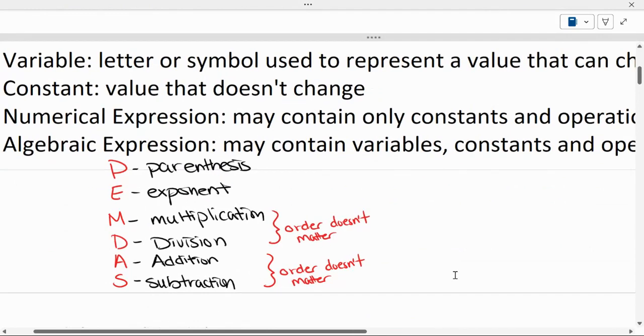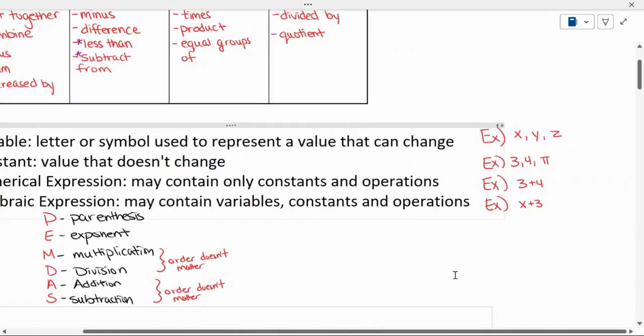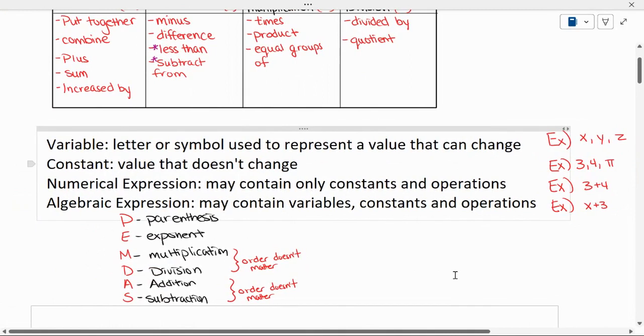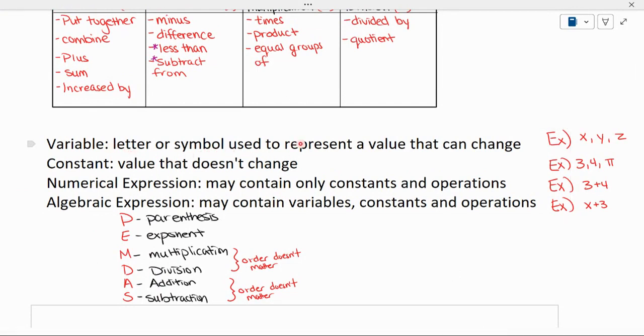I'd also want to introduce some other vocabularies with regards to Algebra 1. So we have a variable, which is a letter or symbol that is used to represent a value that can change. An example would be x, y, and z.